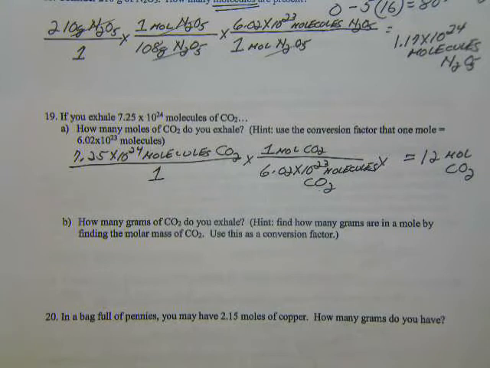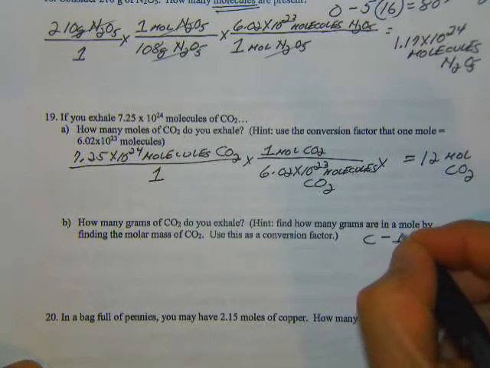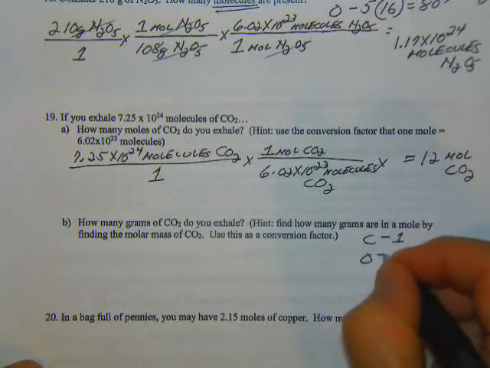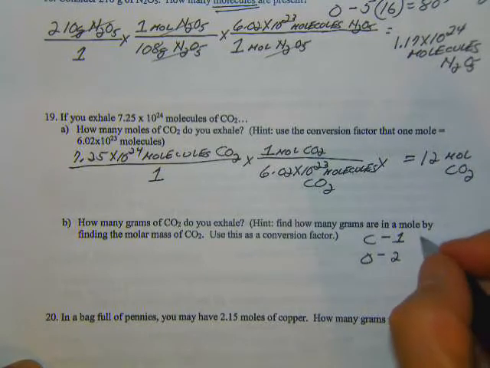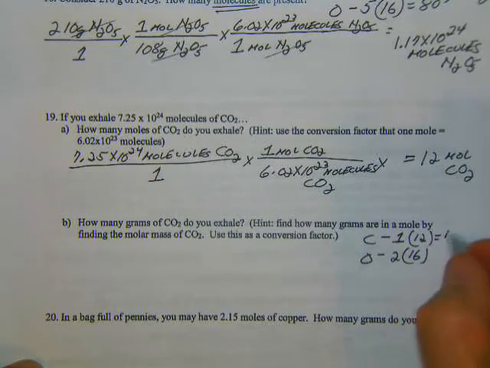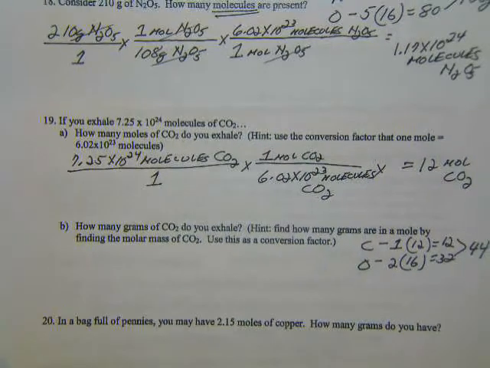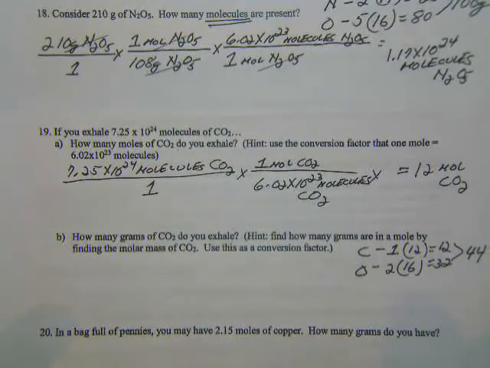And in B, how many grams of CO2 did you exhale? First, find out how many grams are in a mole by finding the molar mass of CO2. We've got 1 carbon and 2 oxygen. Carbon has a mass of 12, oxygen has a mass of 16. So this gives us 12, this gives us 32, and that will give us 44. So there is the mass of CO2.